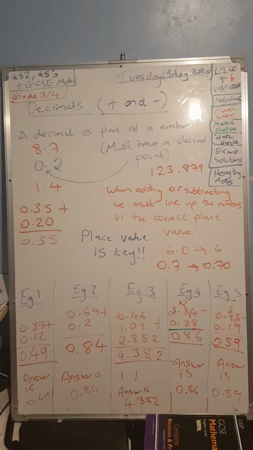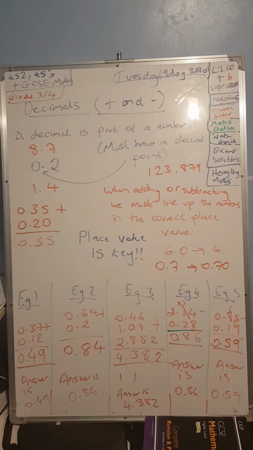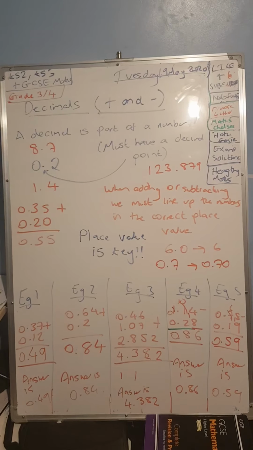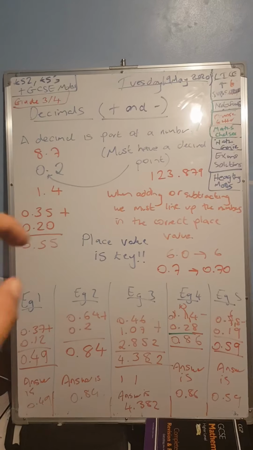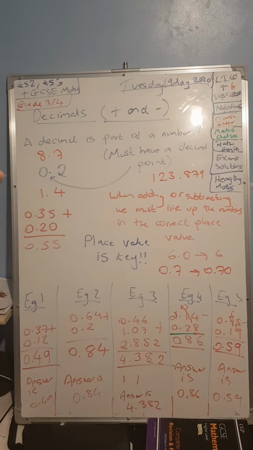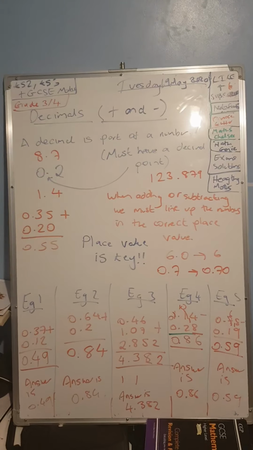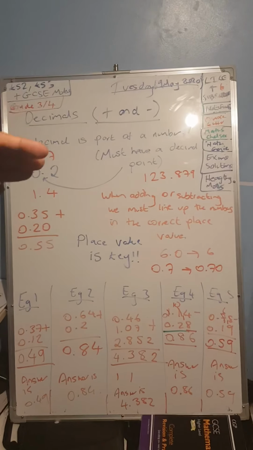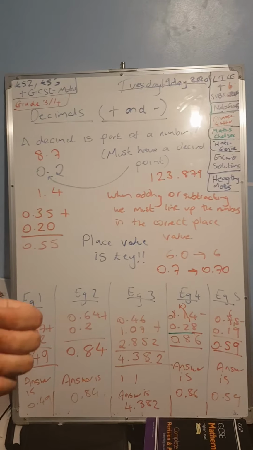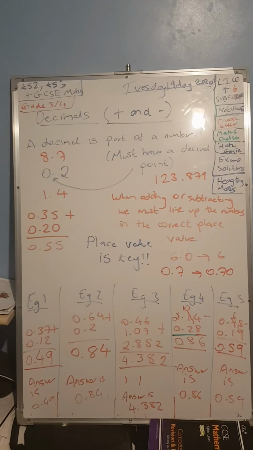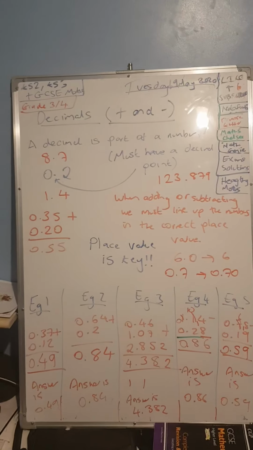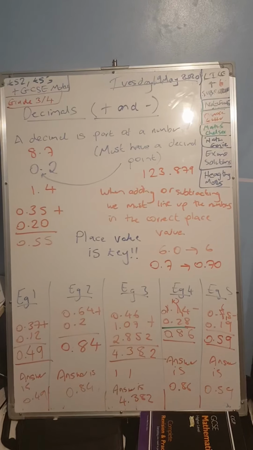So these are all decimals, guys. It must have a decimal point. It's part of a whole number, because decimals can be expressed as fractions and percentages. I've done a video on that a number of months back.